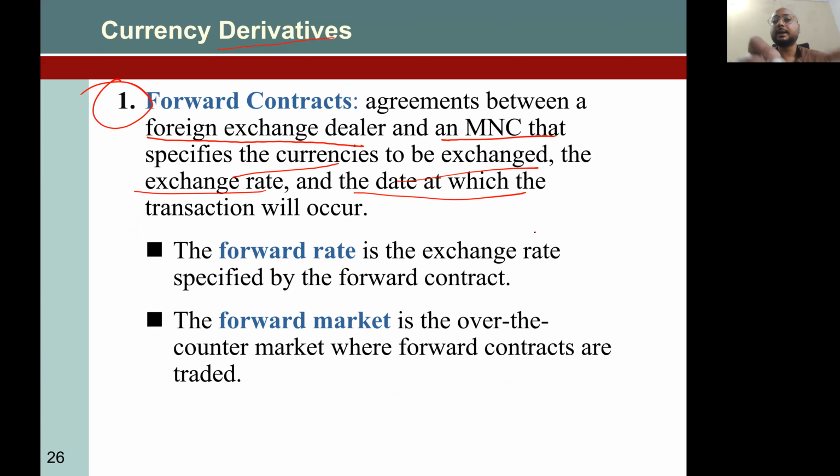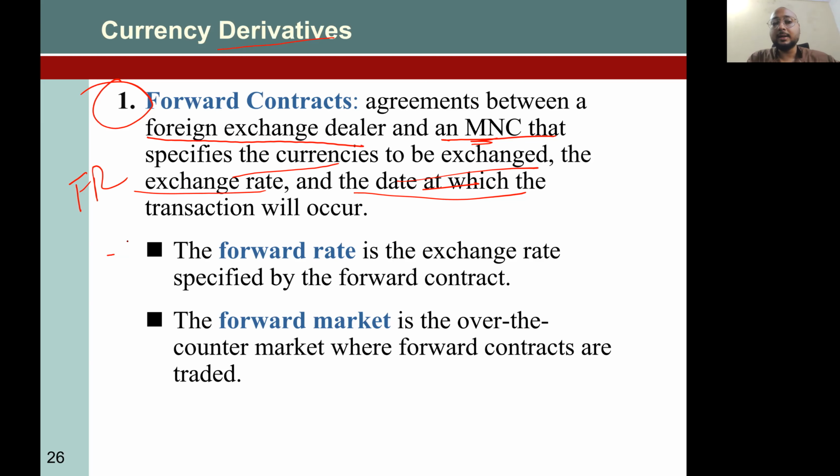A forward contract, again, is an agreement between a foreign exchange dealer and the buyer, which is the MNC, that specifies the currency, that is $1 million, to be exchanged, the exchange rate, which is called the forward rate, and the date at which the transaction will occur, the time period.